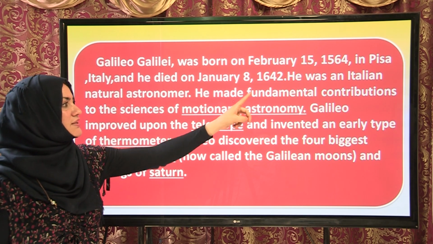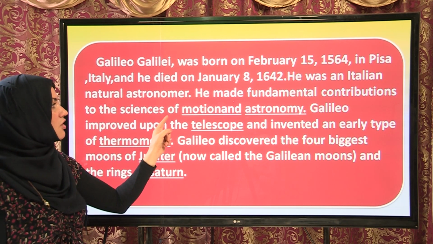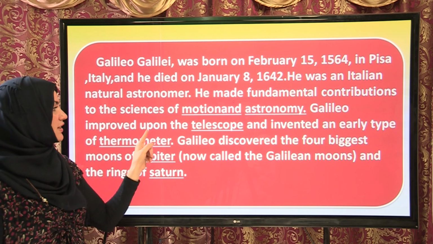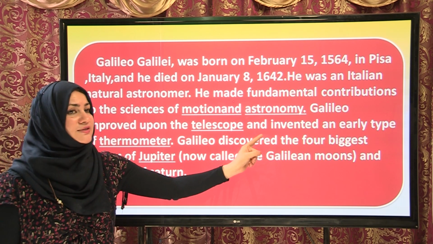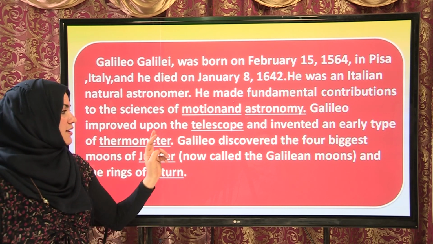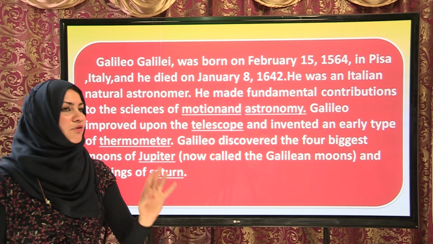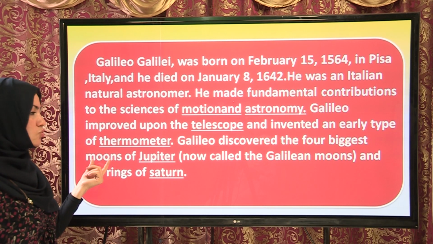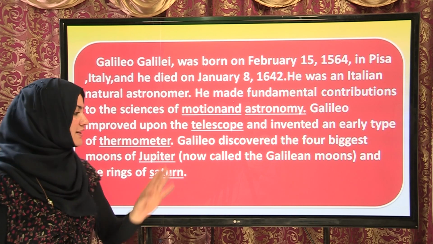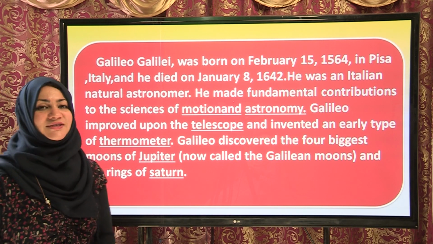He made fundamental contributions to the sciences of motion and astronomy. Galileo improved upon the telescope and invented an early type of thermometer. Galileo discovered the 4 biggest moons of Jupiter, now called the Galilean moons, and the rings of Saturn.